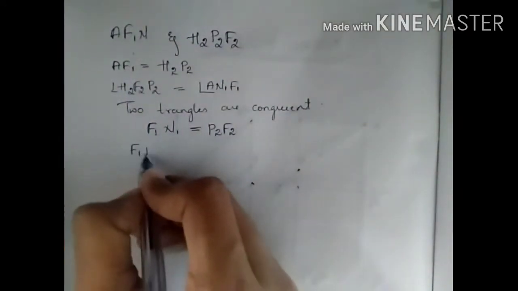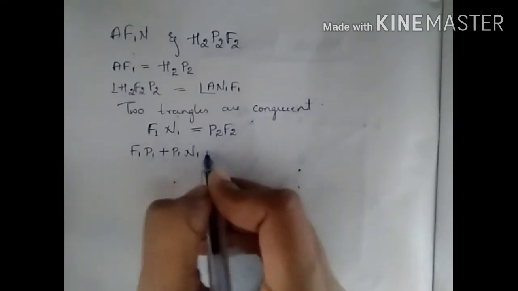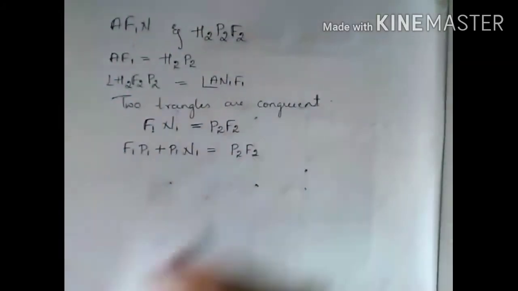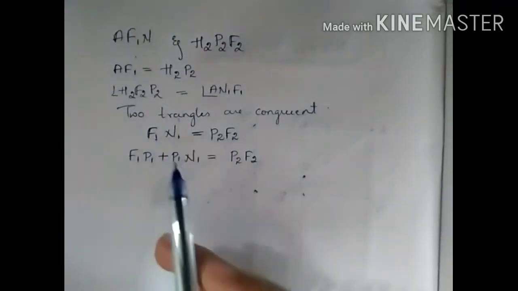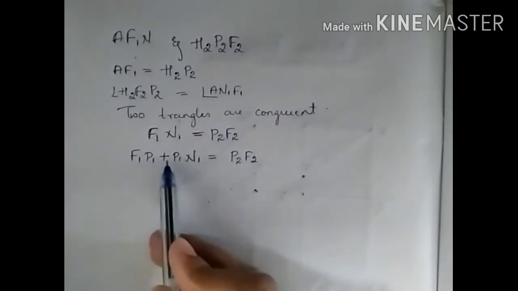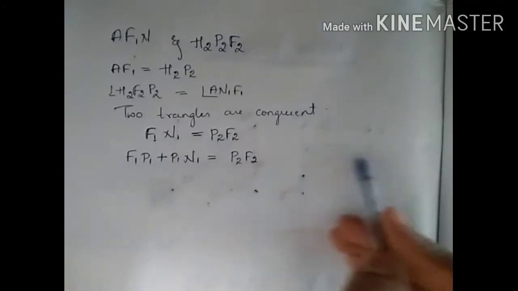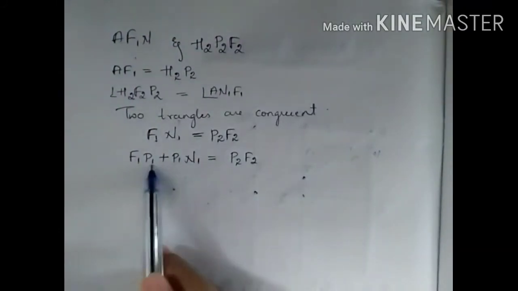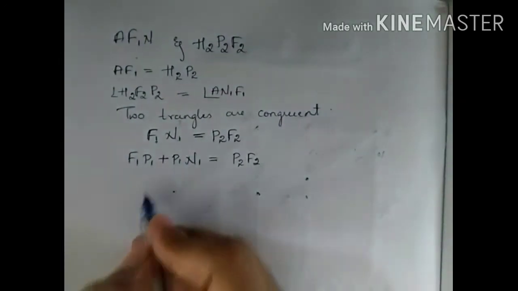Now F1P1 plus P1N1 is equal to P2F2. From the diagram you can also write F1N1 as F1P1 plus P1N1. So the overall distance is F1N1, and in between we have point P. So F1P1 plus P1N1 gives you P2F2.